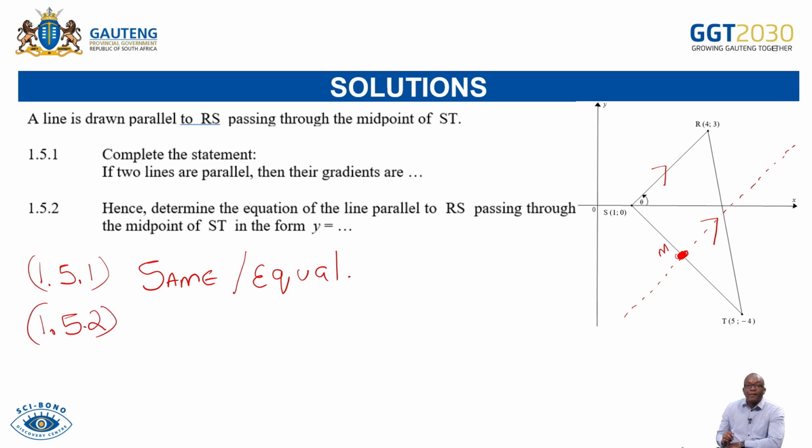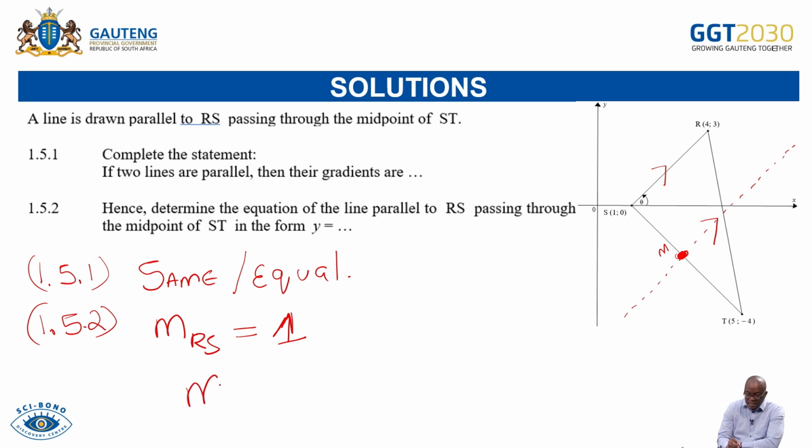Then 1.5.2 says hence determine the equation of the line parallel to RS and passing through the midpoint of ST in the form of y is equal to. The first thing that you need to identify there is the gradient of RS. The gradient of RS, when you calculated it, was 1.